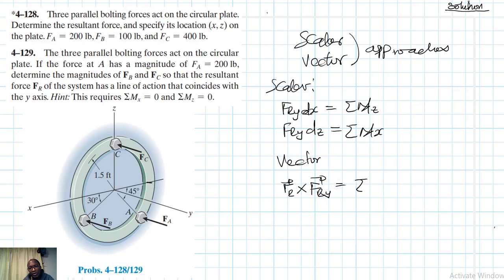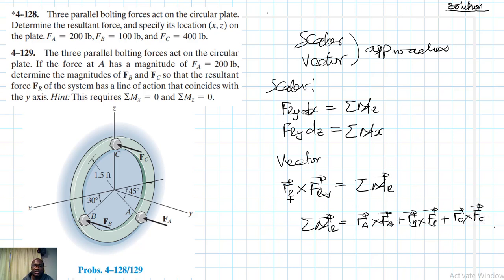So this is going to be equal to the summation of the resultant moment, where the resultant moment is equal to RA cross FA plus RB cross FB plus RC cross FC. Really, it's up to you which method to use. I'm going to combine both of them.